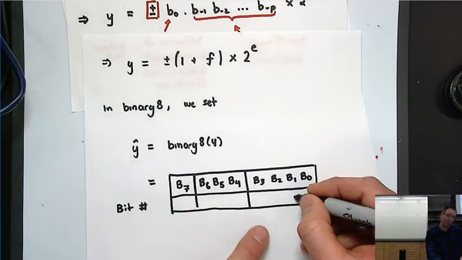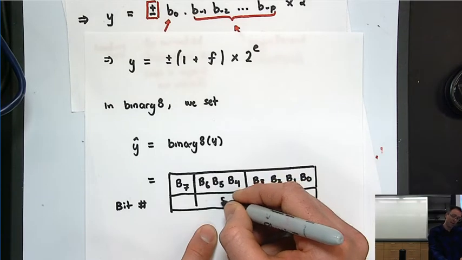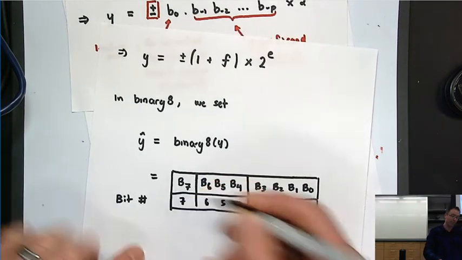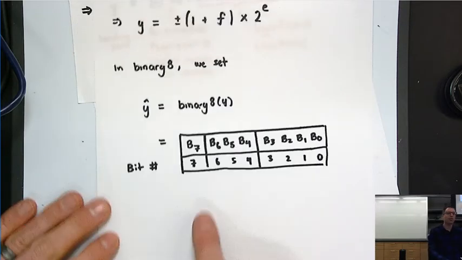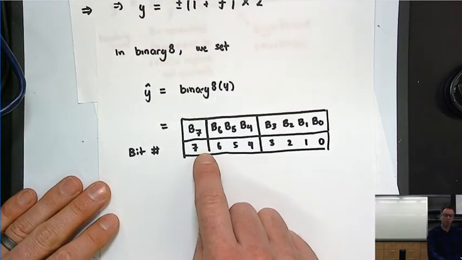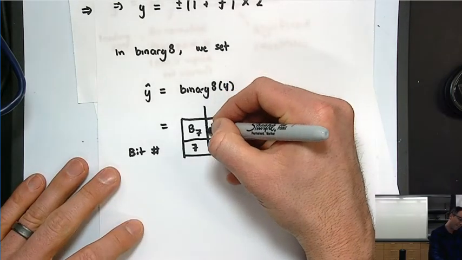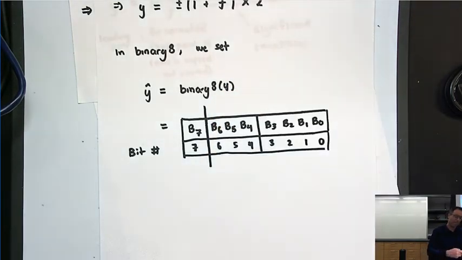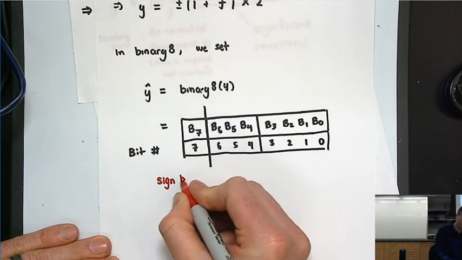How about this one? 2, 3. This would be 4, 5, 6, and 7. In the signed magnitude representation, what did we say about the most significant bit? Yep. So this thing right here is going to be what we call the sign bit.